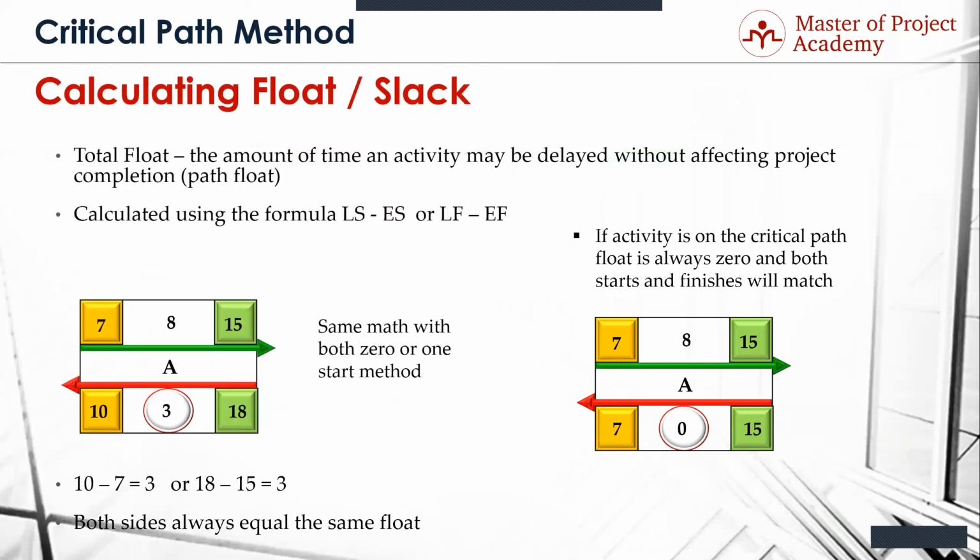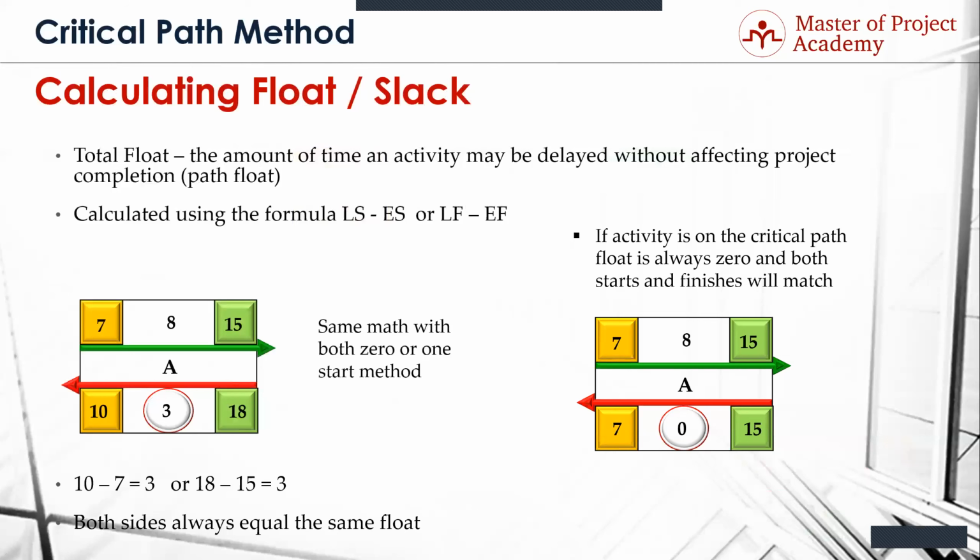The bottom and top numbers are going to match if it's on the critical path. So if you know the 7 and the 15, you don't even need to worry about the bottom because they're going to be 7 and 15. Make sense? That's the only way you can get 0 float, because 15 minus 15 is 0 and 7 minus 7 is 0.